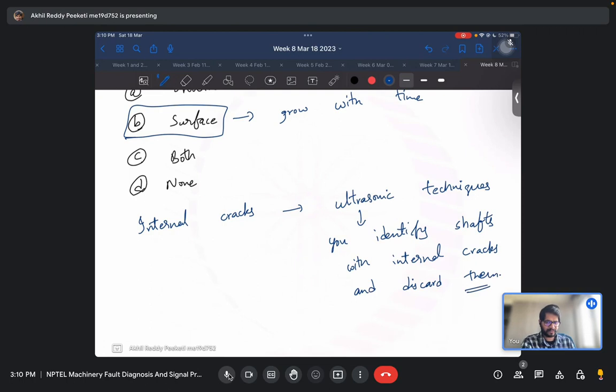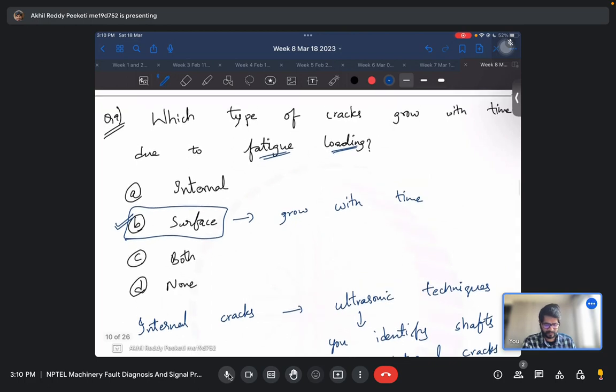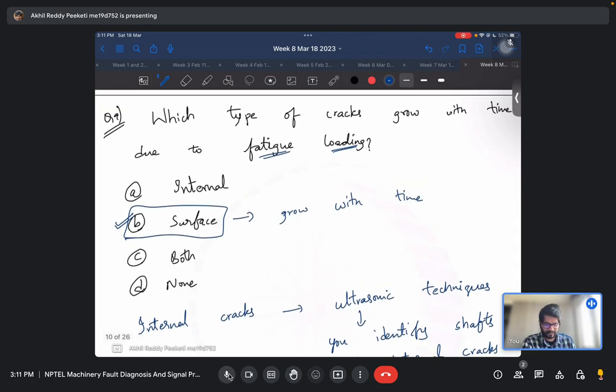But for surface cracks, you can't use this technique. So surface cracked shafts could actually be put in use, and these surface cracks will actually grow with time due to the fatigue loading. Okay. During the operations, there is a way to identify the surface cracks that we will see in the next question. So what are the types of cracks that grow with time due to fatigue loading? The surface cracks.